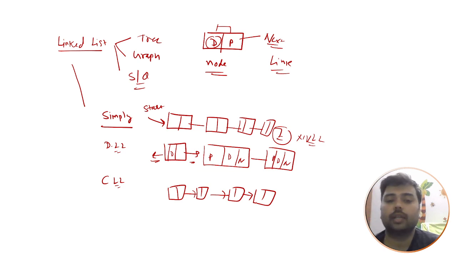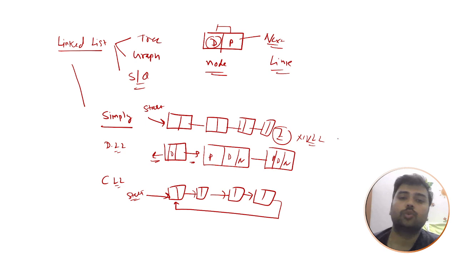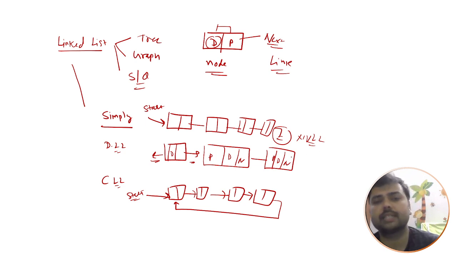But here in the circular linked list, suppose this is the starting node, and start is pointing over here, the last node points to the first node. So it is known as a circular linked list. So these are some popular types of linked list. Maybe some other kinds are possible as per requirements, but these three are the mainly used linked list types.